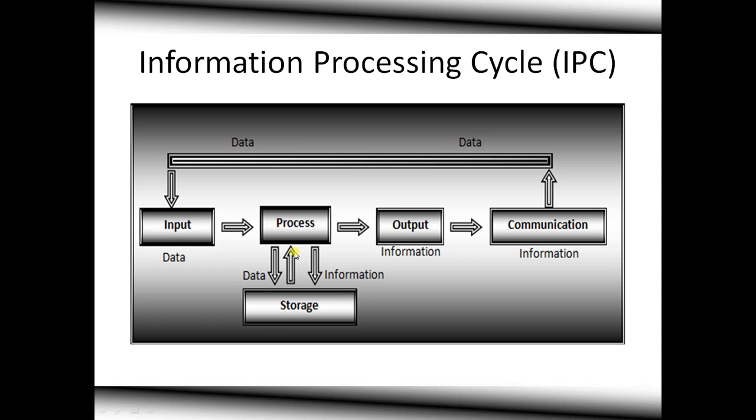After processing each data, the now processed data, or what is known as the information, will then be passed back again to the storage. And then after it has been sent into storage, it is brought out at the output stage.